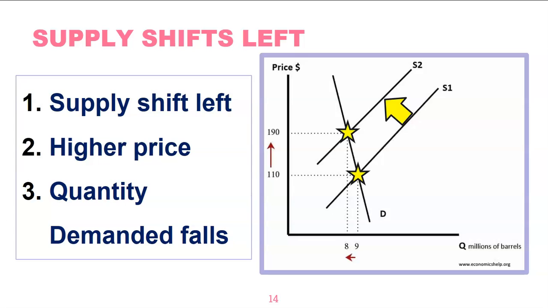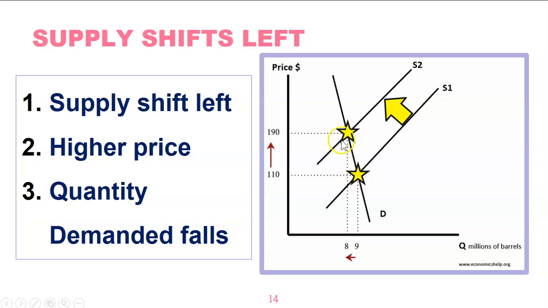Here's some examples. If your supply shifts left, it's an inward shift. You can see with the yellow arrow that you have the S1 moving into the S2, and the stars are showing your new equilibrium point. So your original was here, and then your new one is here. So with that leftward shift, and this is our price axis here, we have an upward trend in our equilibrium points.